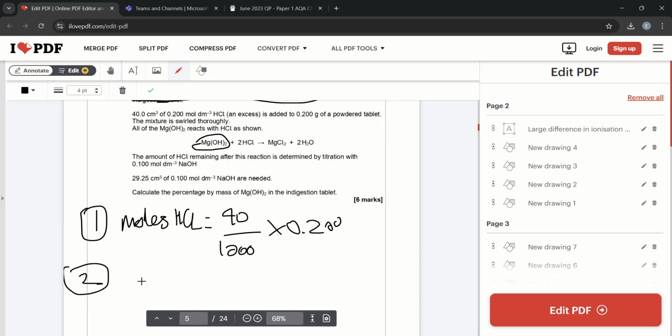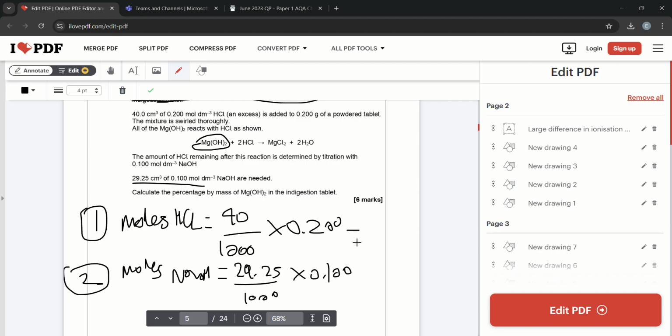Then we can find out the moles of NaOH, because it gives us the concentration and volume. So 29.25 divided by 1000 dm3 times 0.100.